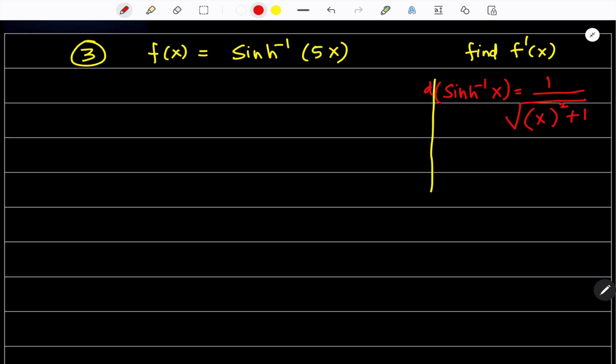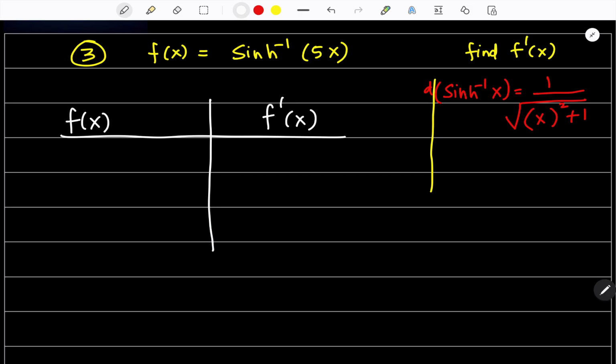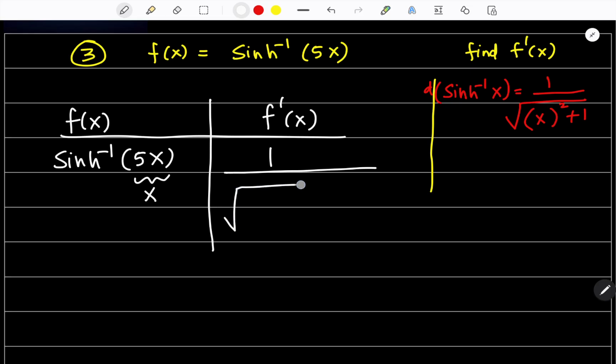Let me start the solution here. Your f of x is sine hyperbolic inverse 5x. It is not x, it is 5x. So what is the rule? 1 divided by square root of the x inside squared plus 1. Is it x or 5x? It is 5x. So what is the derivative of 5x?